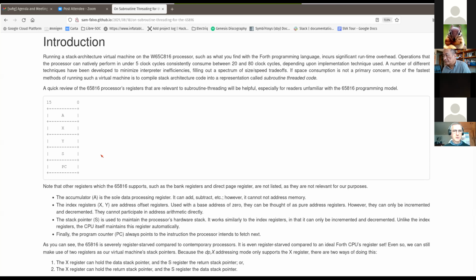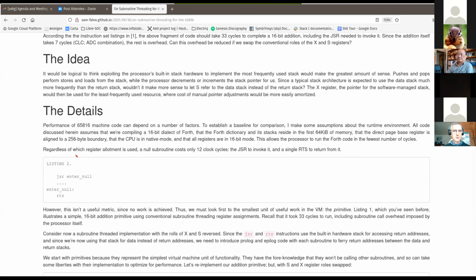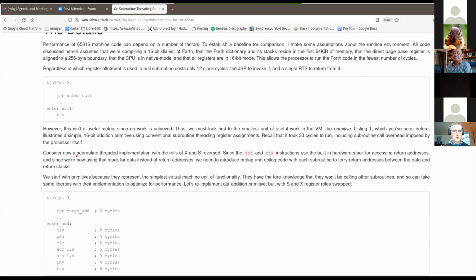They never really explain why, they just default to this one method, where the S register points to the return stack rather than the data stack. So I want to find out and actually quantify the difference, if any.